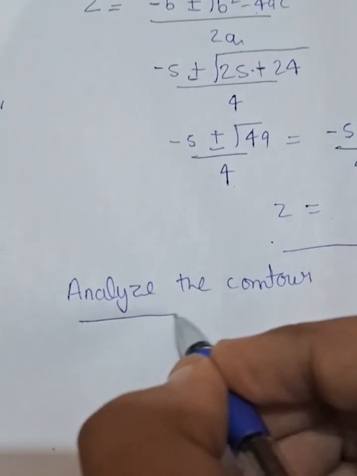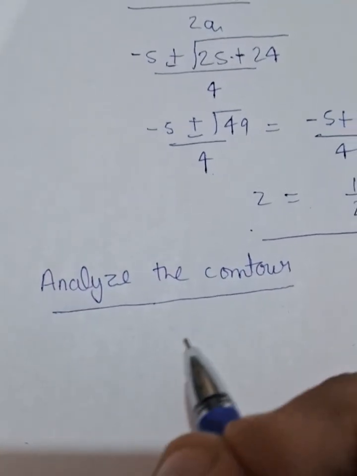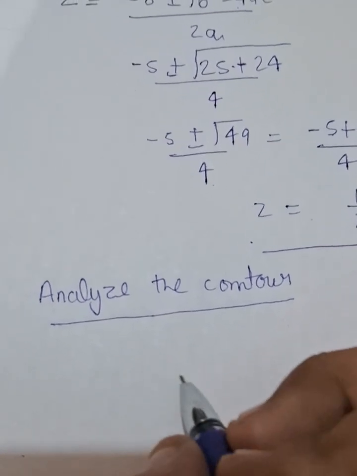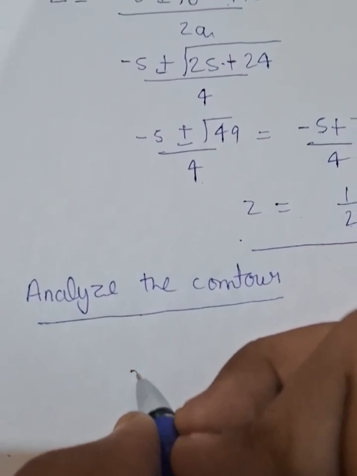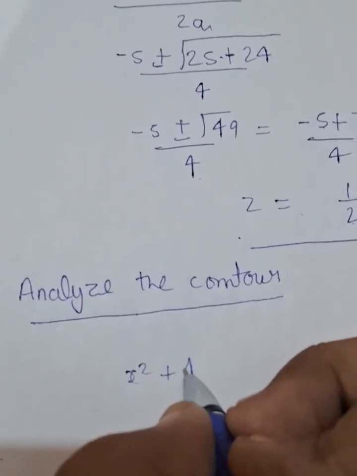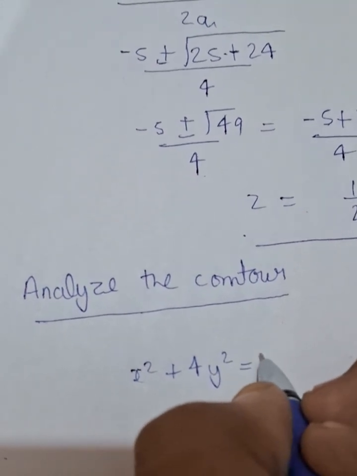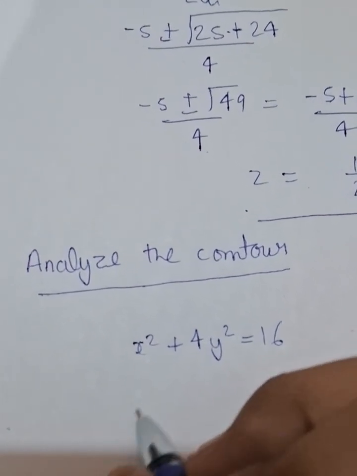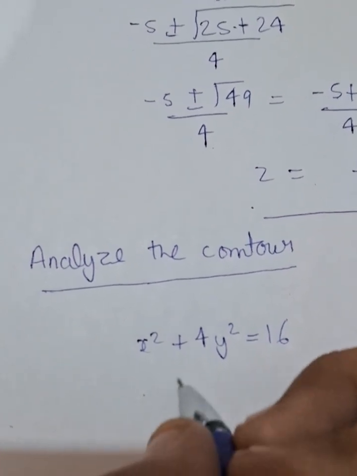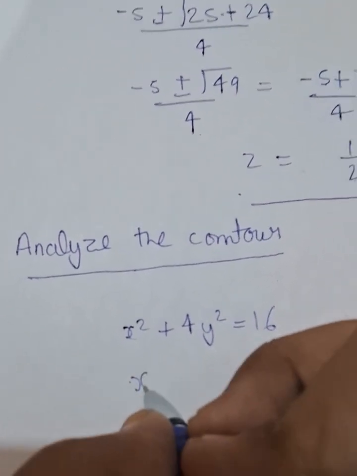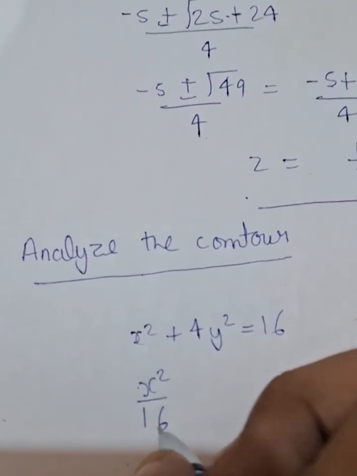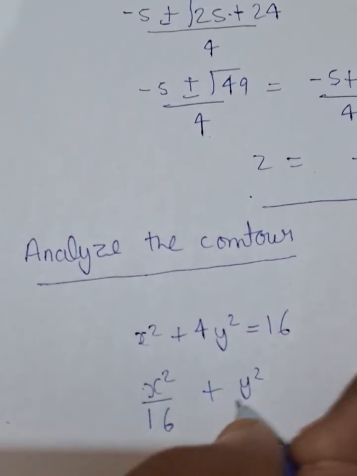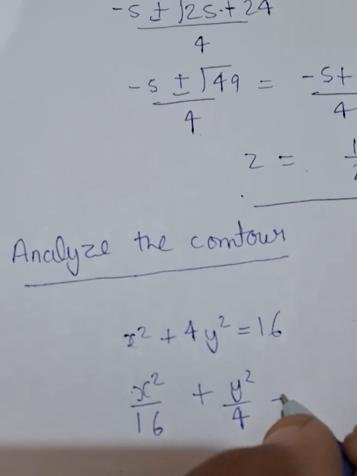So we will do the analysis of our contour, that is an ellipse, which is given as x square plus 4y square equals 16. First we try to write it in standard form, so it will be x square upon 16 plus y square upon 4 equals 1.